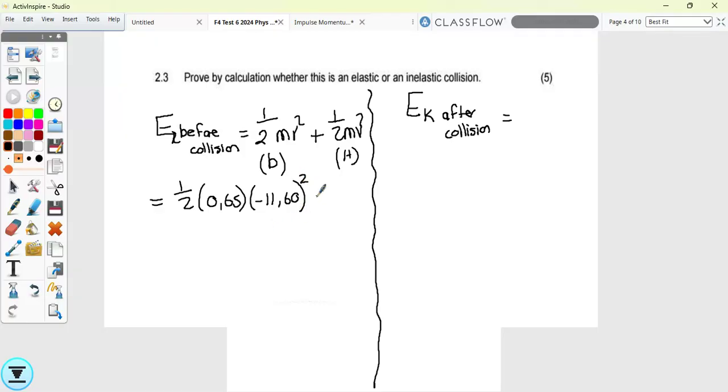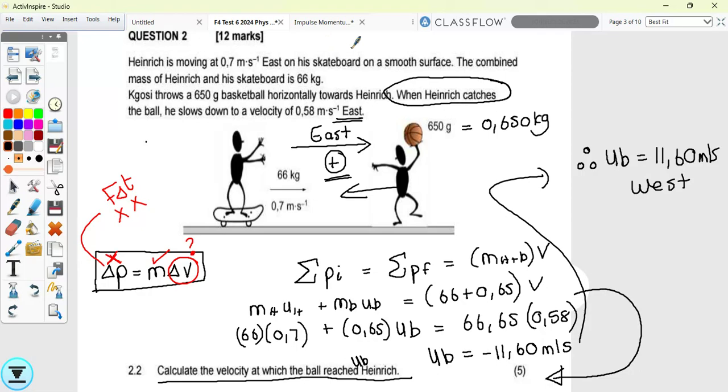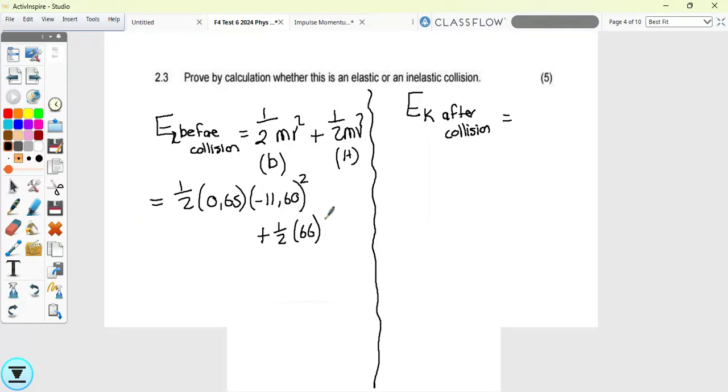Plus half the mass of Heinrich, which was 66 kilograms, moving at 0.7 meters per second, so 0.7 squared. That gives you your answer for the collision before. Let's just work it out.